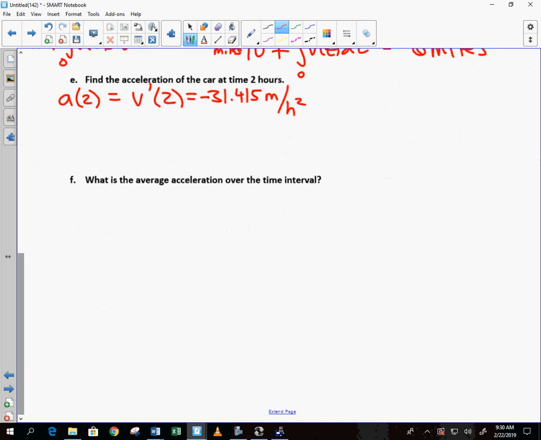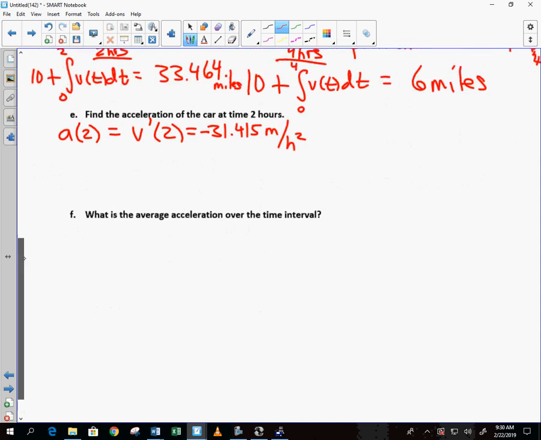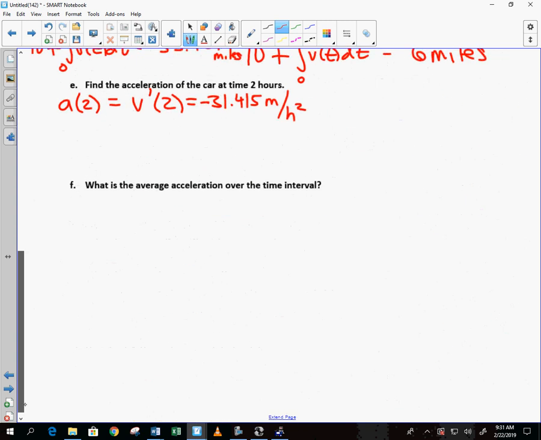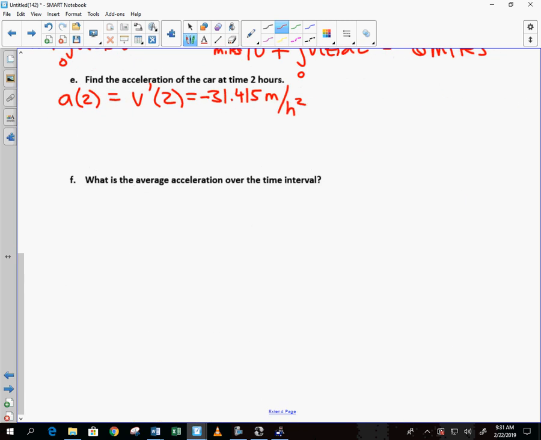How is the next question different? Average acceleration. Here's where you guys get confused, so pay close attention. Mean value of a function, average value of a function. Are we given the velocity function or the acceleration function? Velocity. So we can't use this formula for the average acceleration. If we want to find instantaneous rate of change, we use the derivative. What would you do if you wanted to find average rate of change?